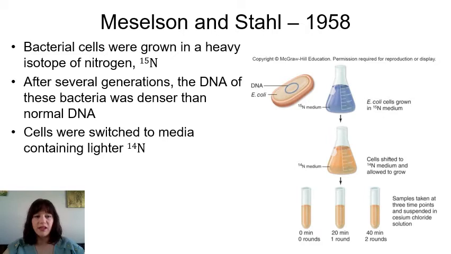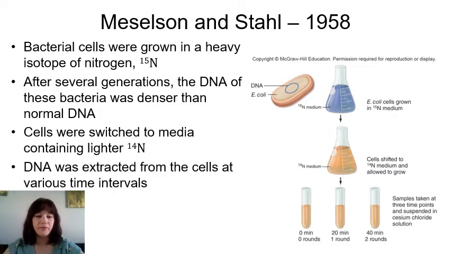Because these isotopes have different weights, the DNA itself is going to be lighter when it's using the 14N, and the molecules are going to be heavier when they have the 15N isotope. If they have a mixture of DNA, they can sort it by weight and see the proportions, what the composition is.